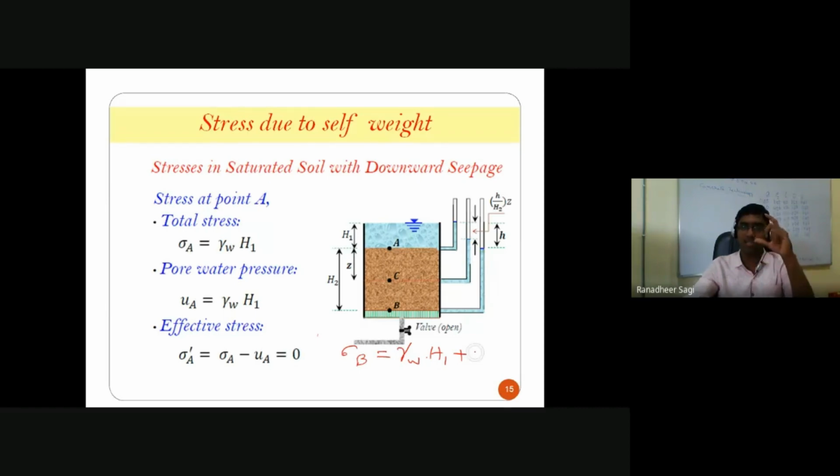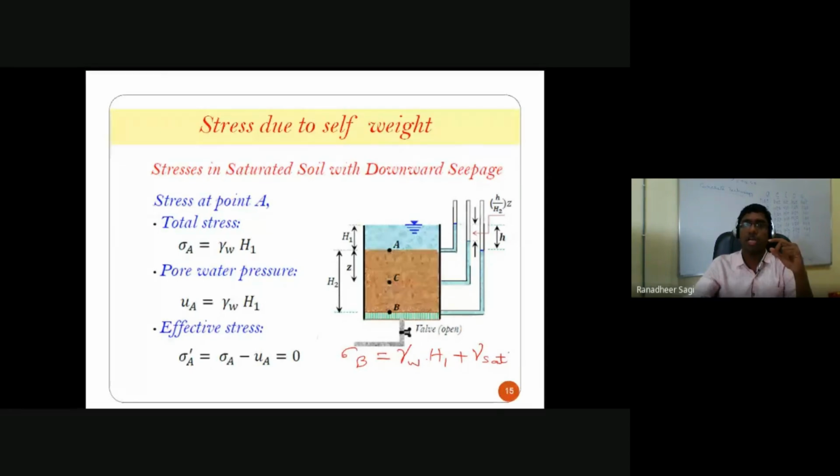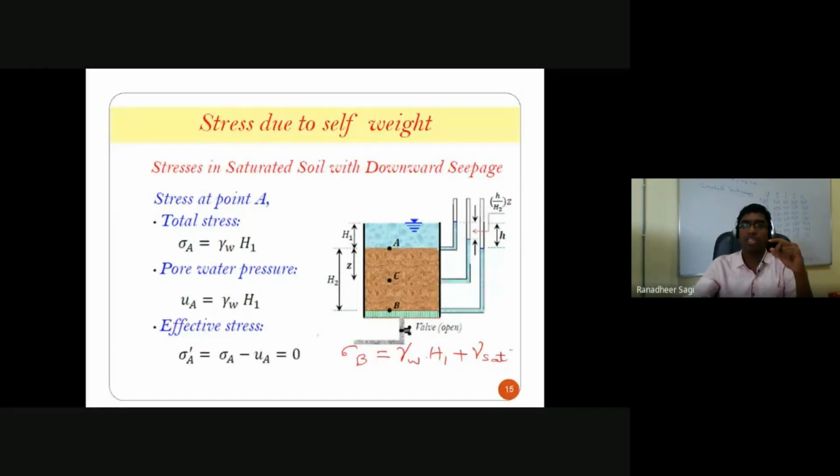Let's say the unit weight of the soil is gamma. As the soil is in a saturated state, I'll write the unit weight of that soil as the saturated unit weight, gamma sat, and the height of that soil strata is H2.